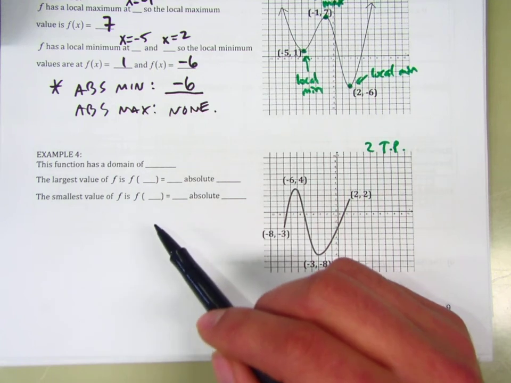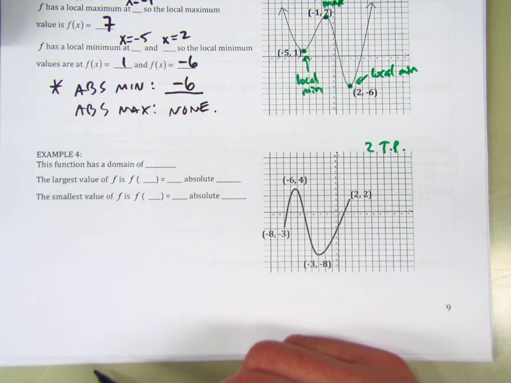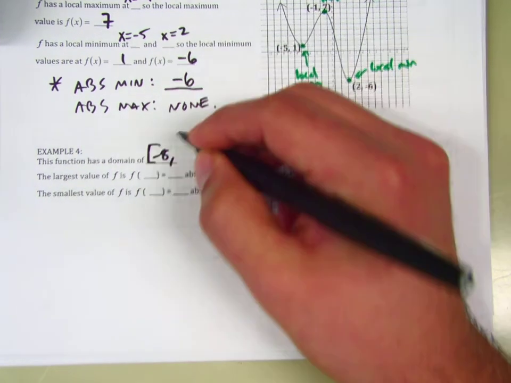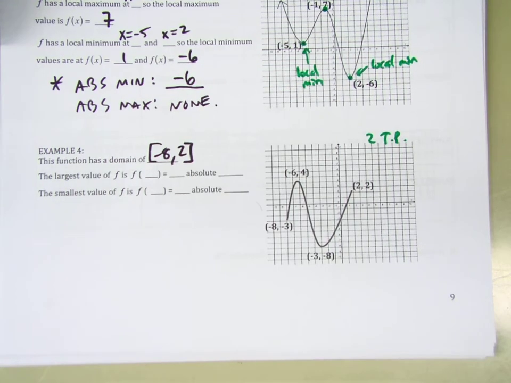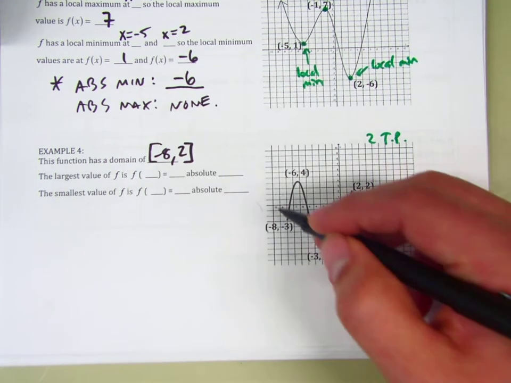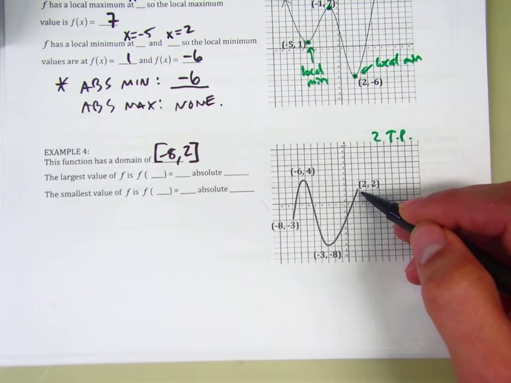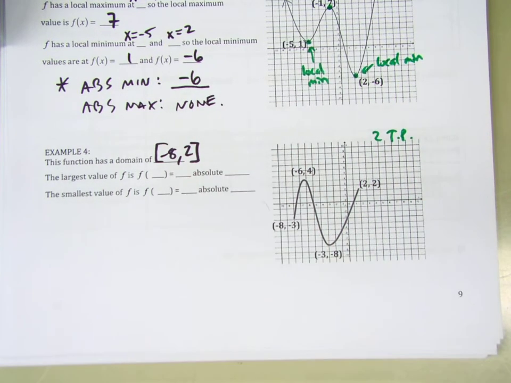Okay, what's the domain, you guys? Good. Does that make sense to everybody? Okay, this doesn't have arrows, so we assume that we stop when x is -8 and we stop at x equals 2. Okay, so from -8 to 2 is the domain.